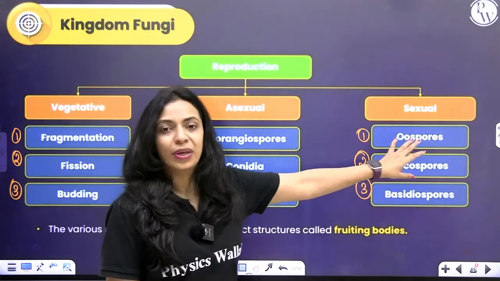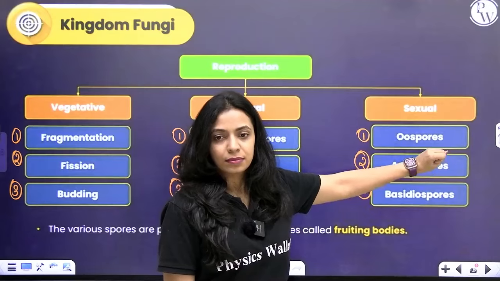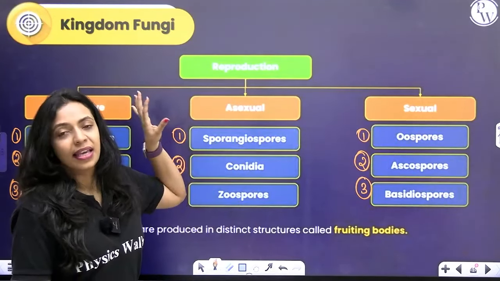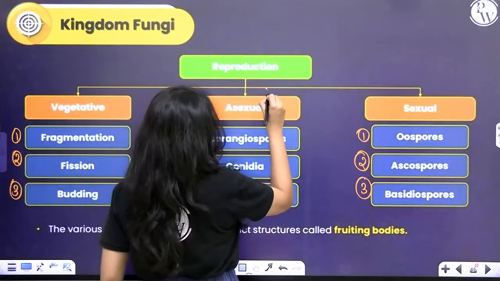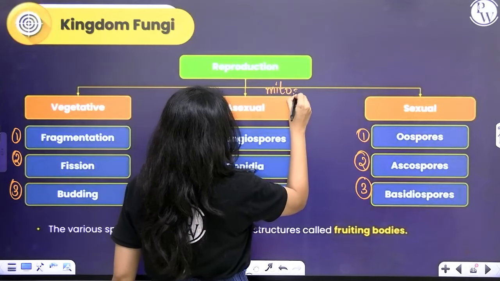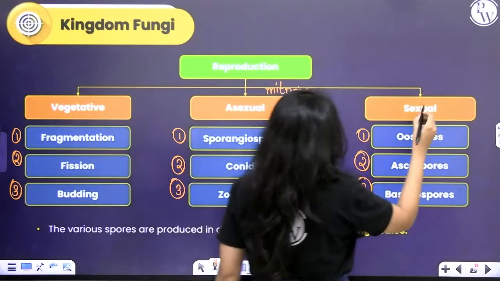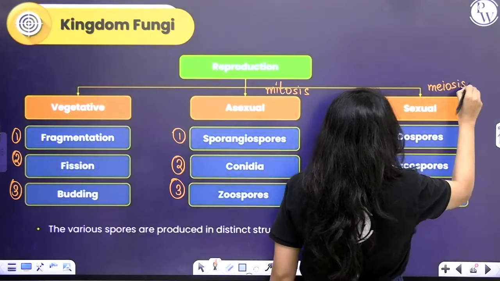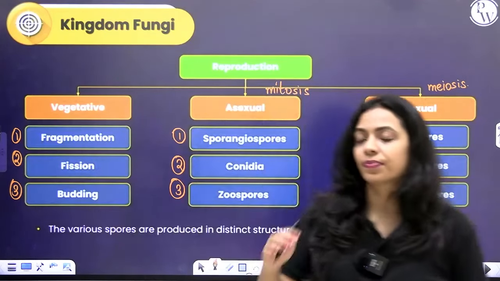The difference between how these spores are formed is, in asexual reproduction, spore formation happens by mitosis. In sexual reproduction, spore formation happens because of meiosis. Understood?